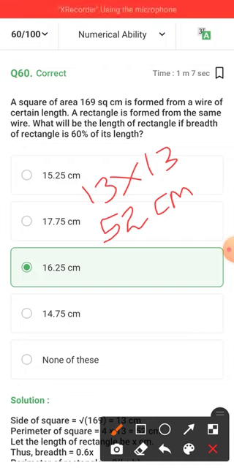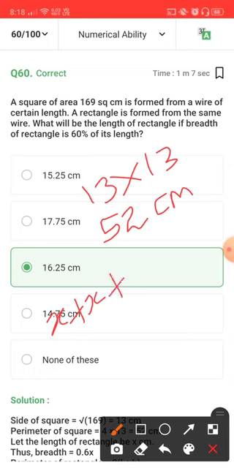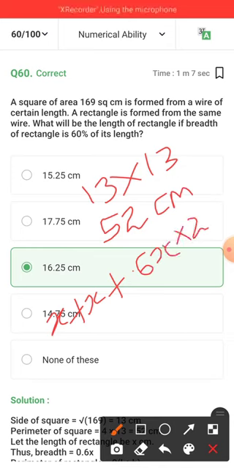If the length is x, then 2 length is 2x, and 60% of the length is the breadth, so 0.6x, multiplied by 2, gives 1.2x.